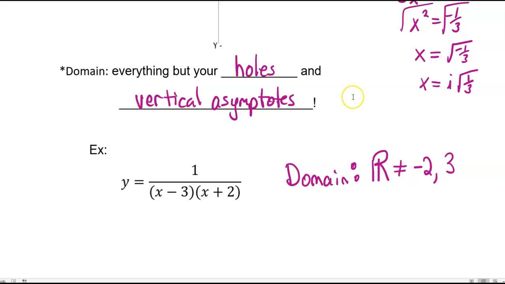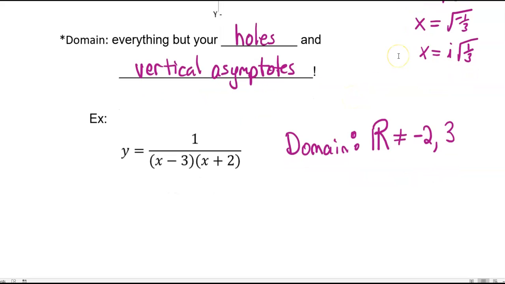Okay? One last thing I want to mention is we talked about how the factoring that you could use could be anything. It could be difference of perfect squares. It could be trinomials. It could be GCFs. If I were to factor something that looked like this, what would you want to cancel out?